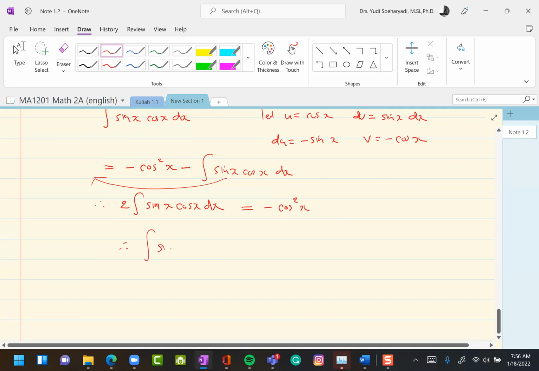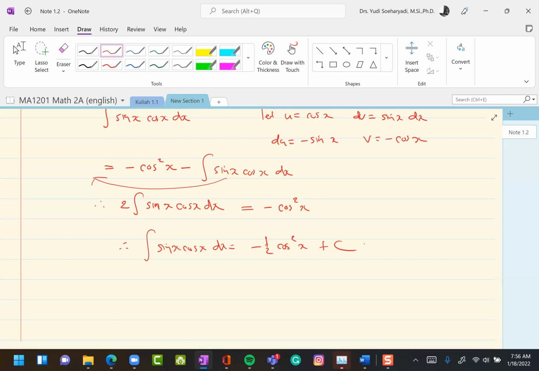In the end it's just negative 1/2 cosine square x plus c. I put this c back here.